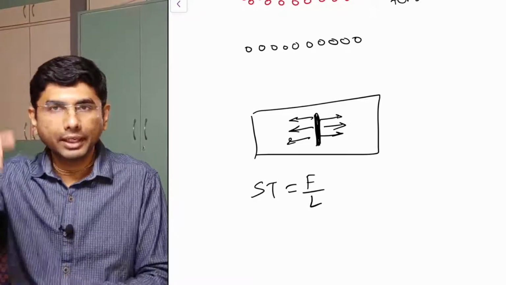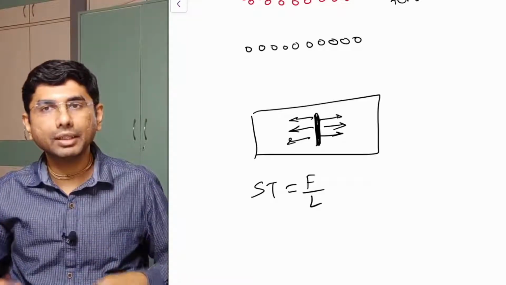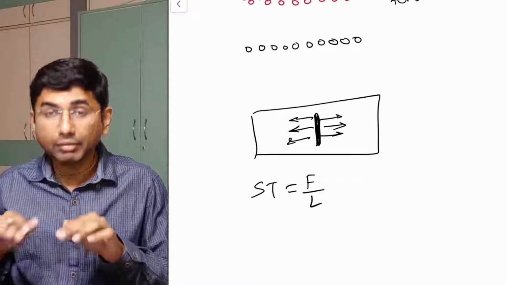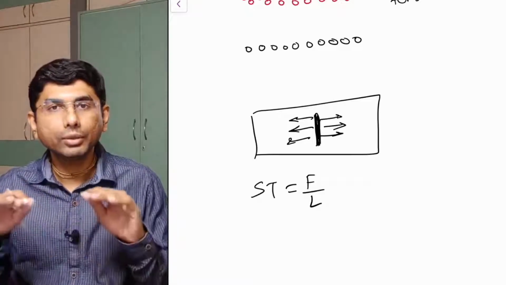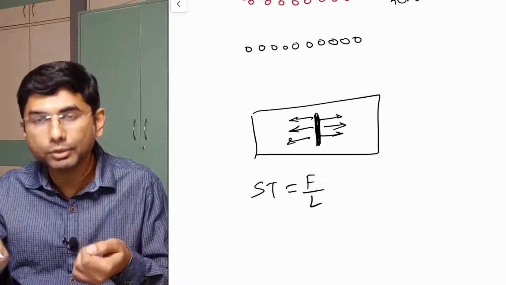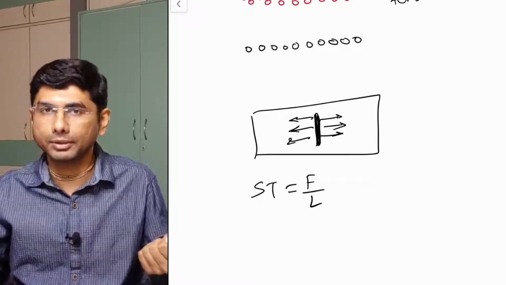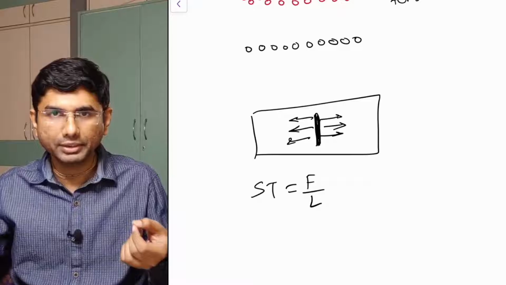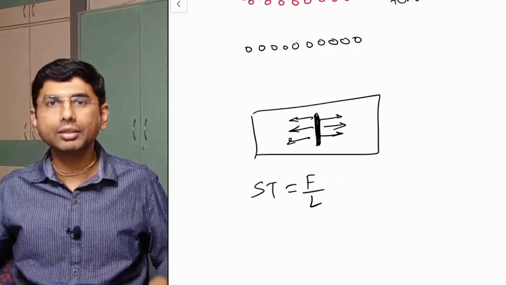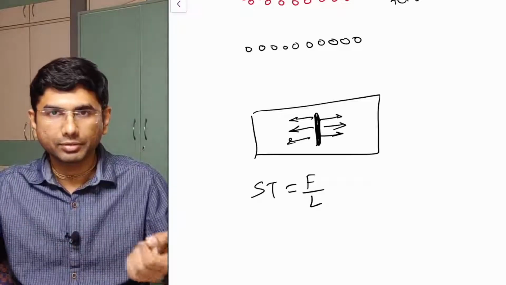I am just considering an imaginary length, and on that imaginary length there is a force which is acting. That force will be tangential to the surface, and that force looks like it's trying to tear off the surface because it's already being stretched. Just imagine I have a polythene and I am trying to stretch it.